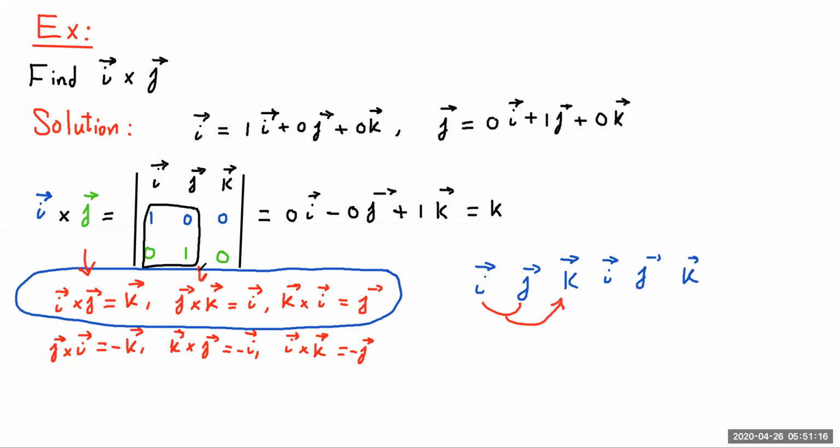Then j times k gives me i. The last formula, k times i gives me j. Let's write in green, for example. If I take k times i, it gives me j. Like this, we can remember these three formulas.